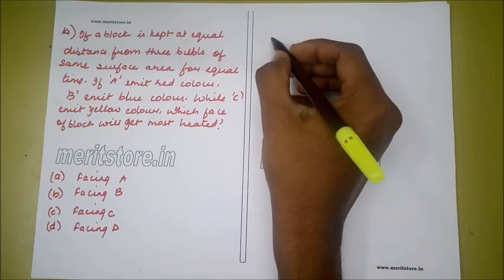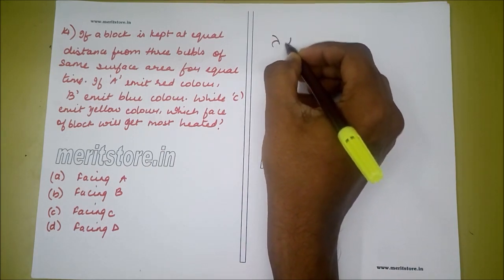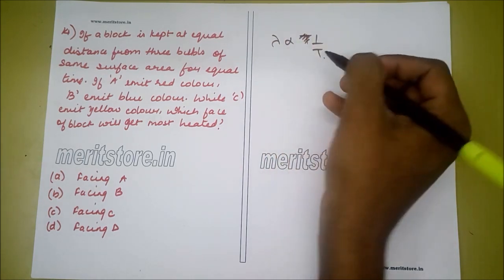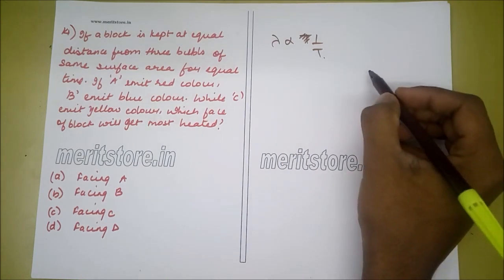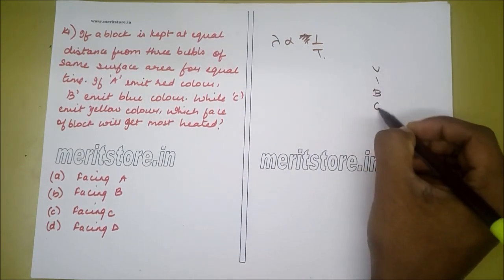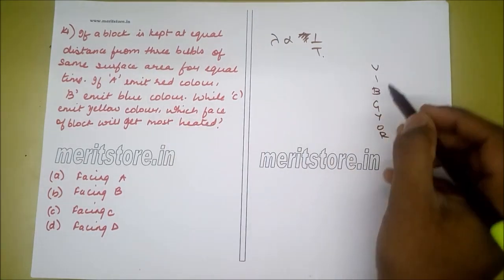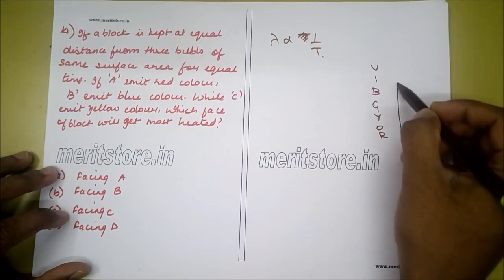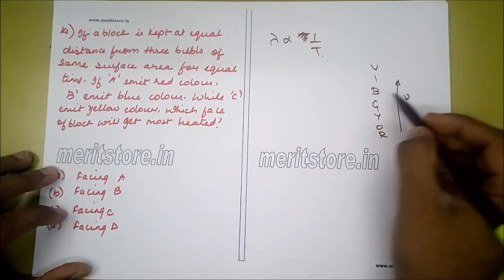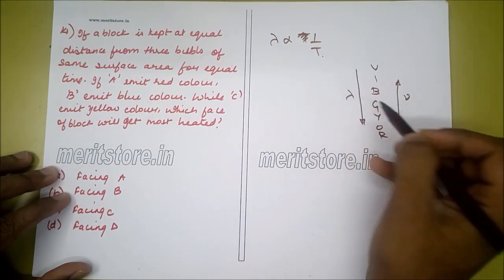Now, as we know from Wien's displacement law, lambda, or the wavelength, is inversely proportional to the temperature. In a spectrum of light, that is VIBGYOR, this is the increasing order of frequency, and this is the increasing order of wavelength.